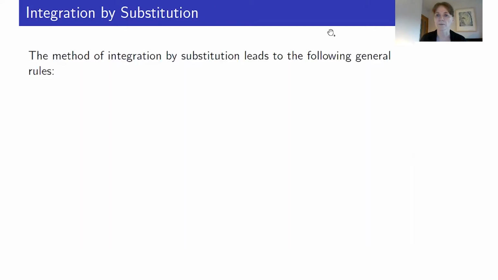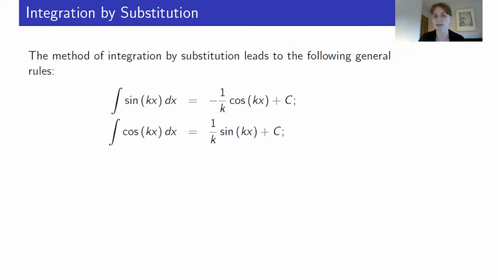So we look at some general rules that we can derive from this method of substitution. The indefinite integral of sine of kx dx for any constant k is given by minus 1 over k times cos of kx plus c. The indefinite integral of cos of kx with respect to x is given by 1 over k times sine kx plus c.